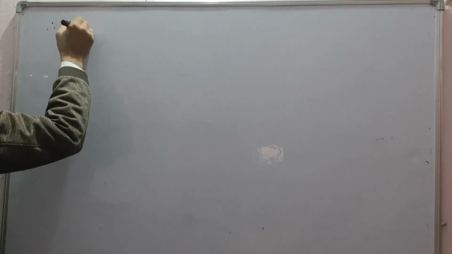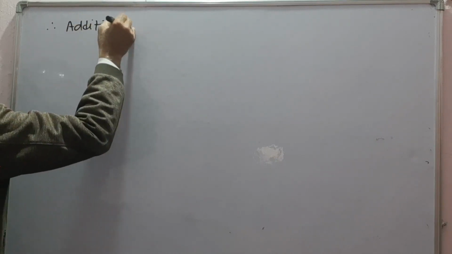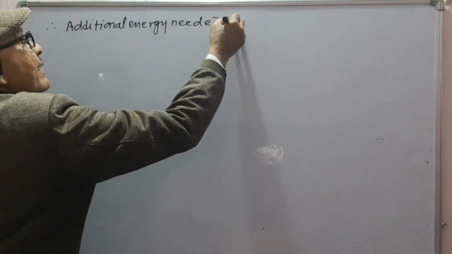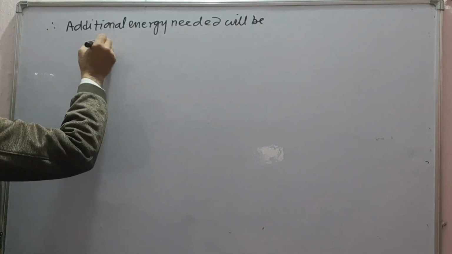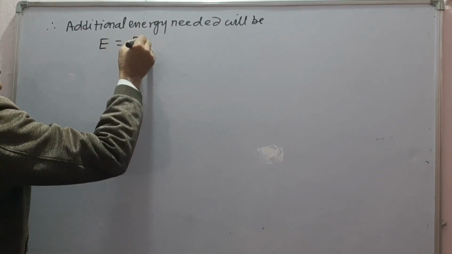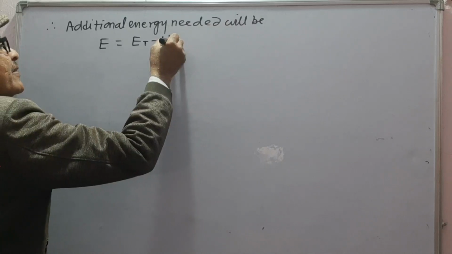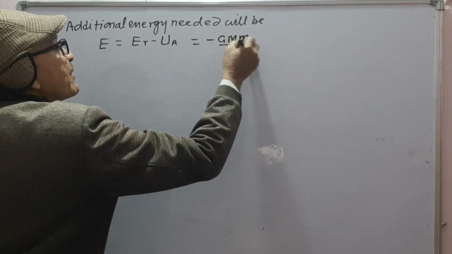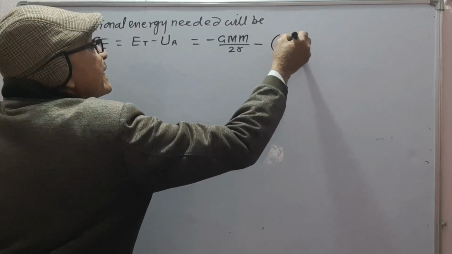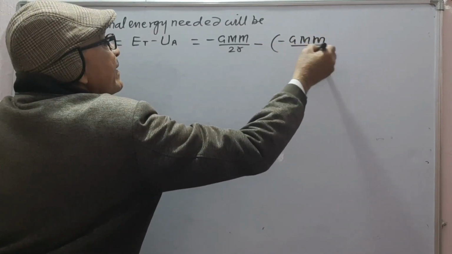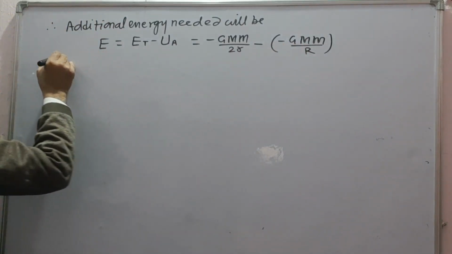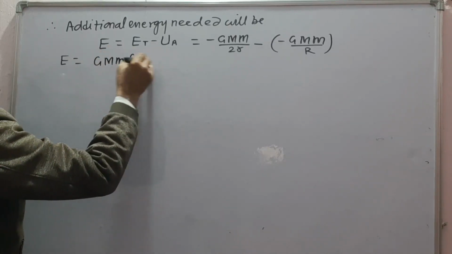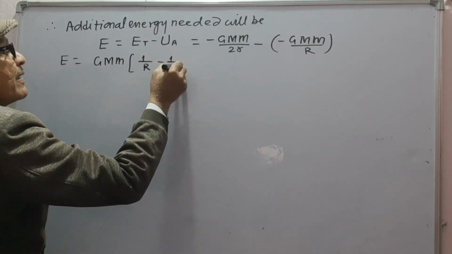Therefore, the additional energy needed will be E is equal to E total minus U at A. E total is minus G M m upon 2R, minus, minus G M m upon capital R. So it becomes E is equal to G M m into 1 upon R minus 1 upon 2R.